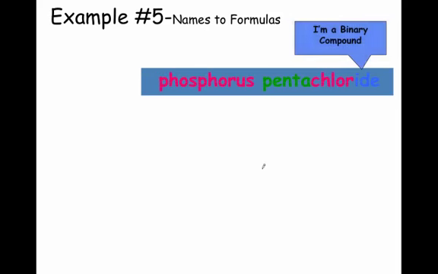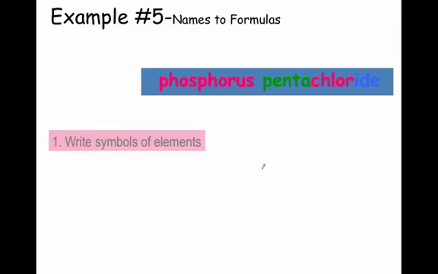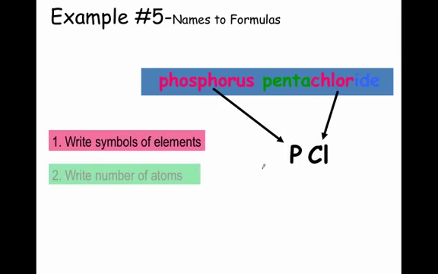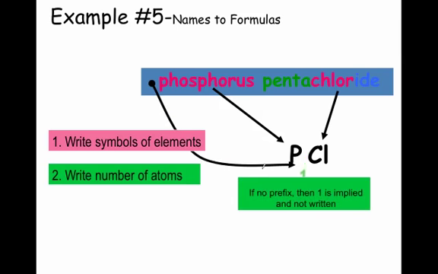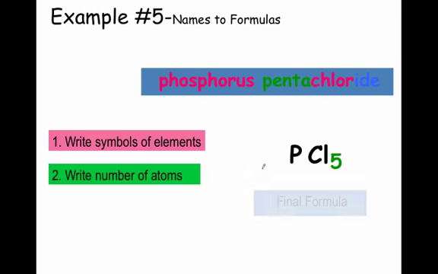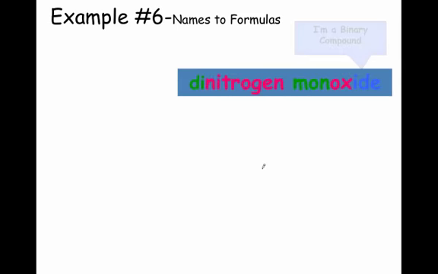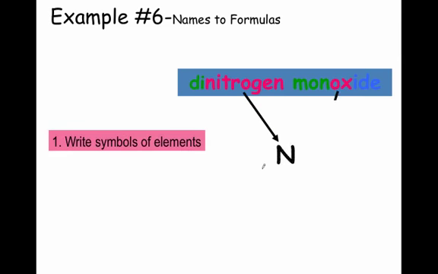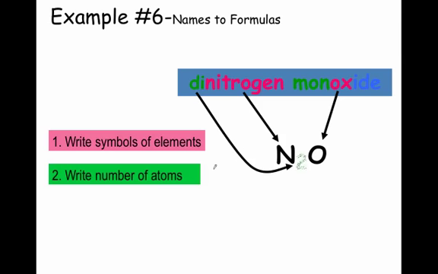Phosphorus pentachloride, write the elements, P, Cl, write the number of atoms, 1, drop the 1, penta is 5, and we're done. So I think you get the idea. Let's move ahead to a few other slides.